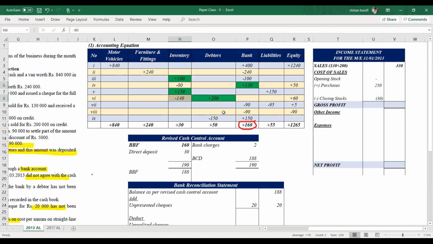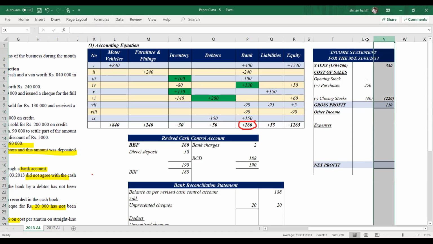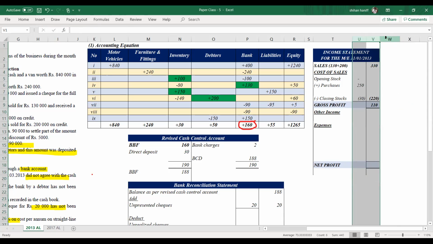That means cost of sales is 220. Cost of sales is 220, which gives the gross profit 110. Gross profit is 110.